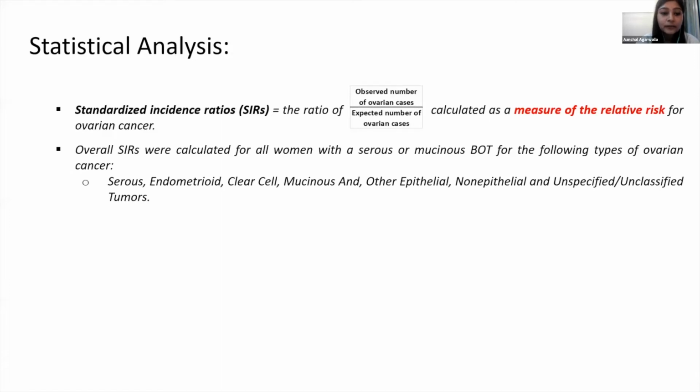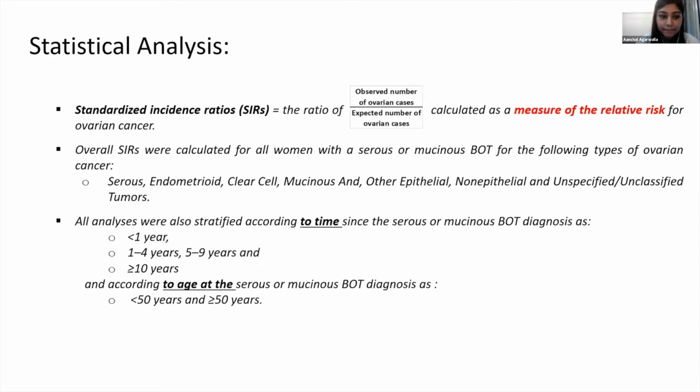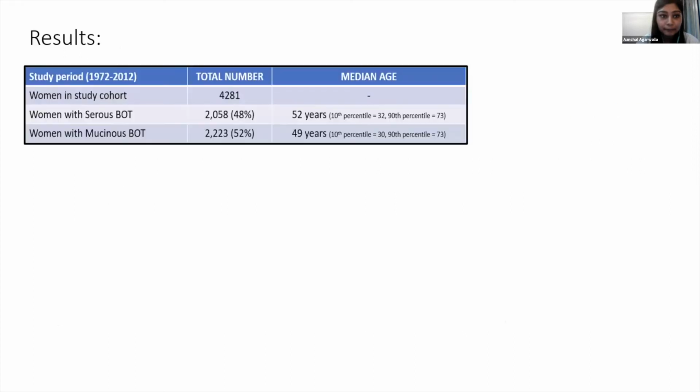Overall, the SIRs were calculated for all women with a serous or mucinous borderline tumor for the following types of ovarian cancer, that is serous, endometrioid, clear cell, mucinous, and other epithelial, non-epithelial, and unspecified tumors. All analyses were also stratified according to the time since diagnosis and according to age at the diagnosis. All statistical analyses were carried out using SAS/STAT software version 9.3.